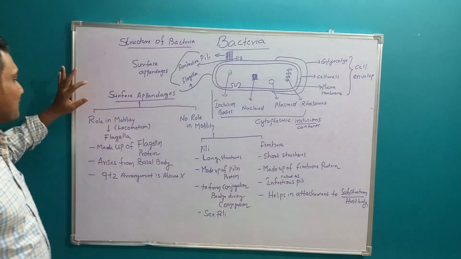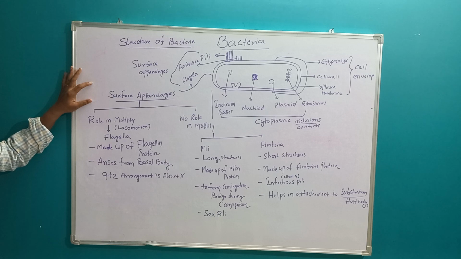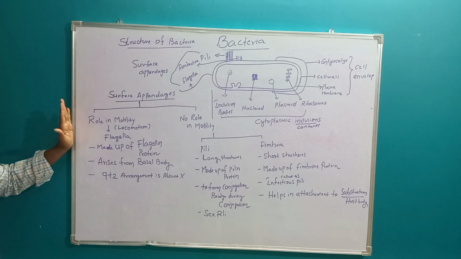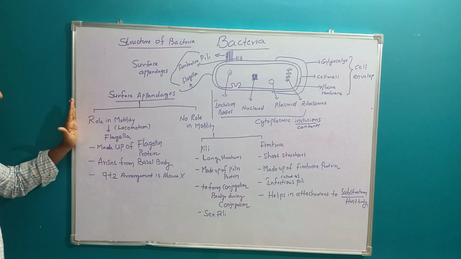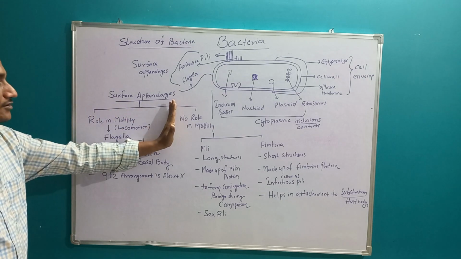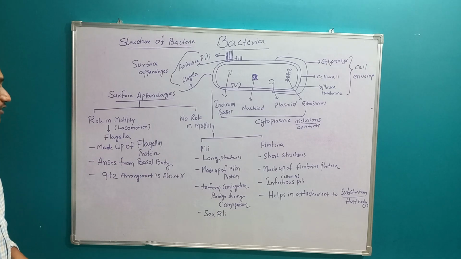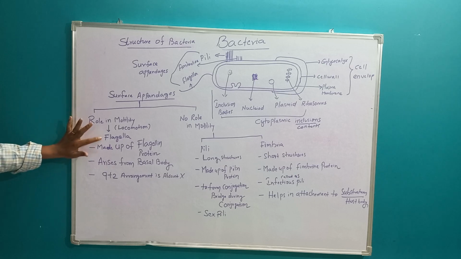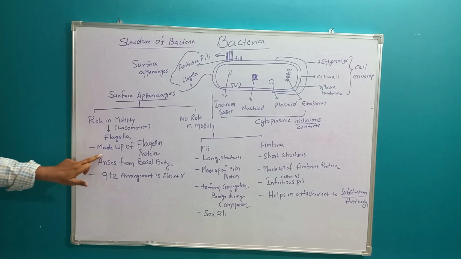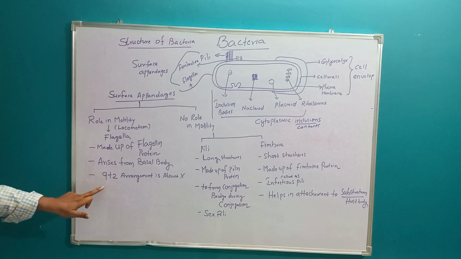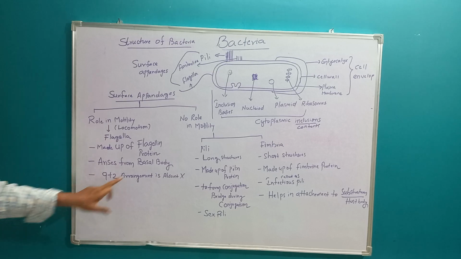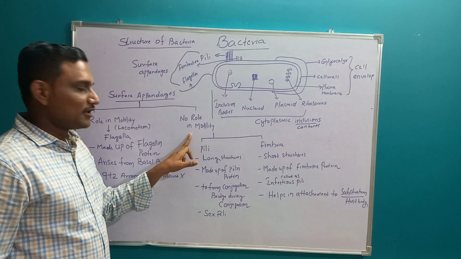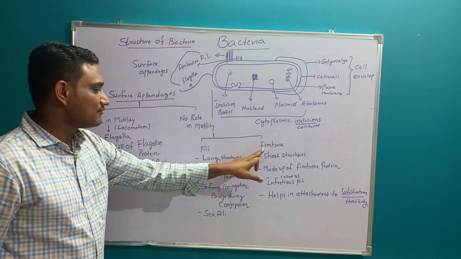So like this, the surface appendages are classified in order to study in detail: those involved in motility or locomotion, and those with no role in it. The structure for locomotion is flagella, made up of flagellin protein, arising from the basal body, with no 9+2 arrangement. No role in motility are pili and fimbriae.